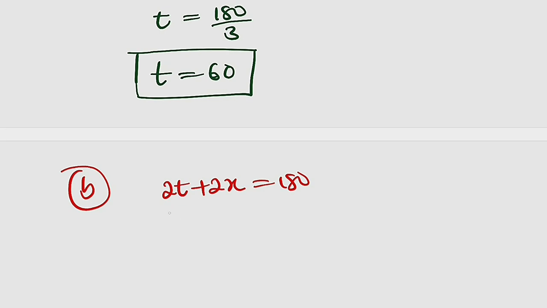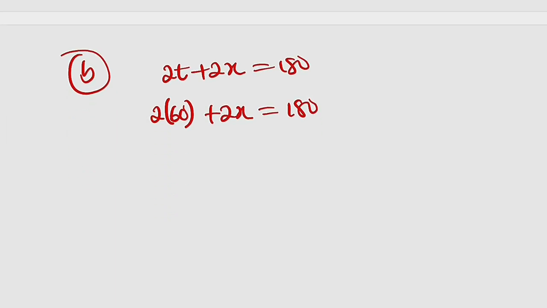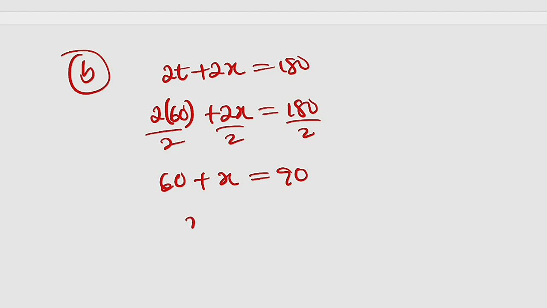But what is 2t? That would be 2 multiplied by 60, because t is 60, plus 2x, that is equal to 180 degrees. Let's divide every single term by 2. We have 60 plus x equals 90, and x will be equal to 90 minus 60, and x finally equal to 30 degrees, right?